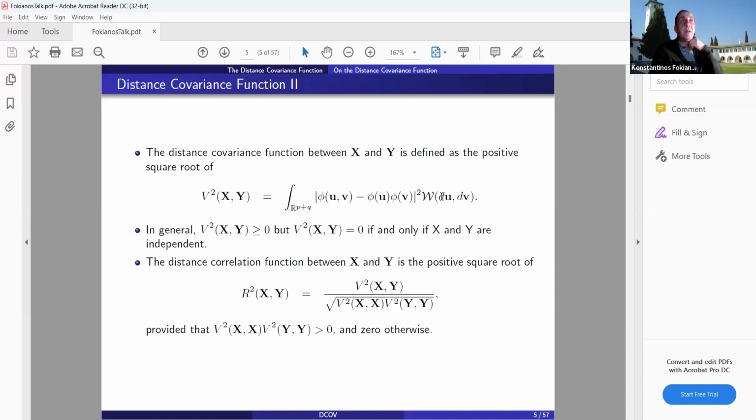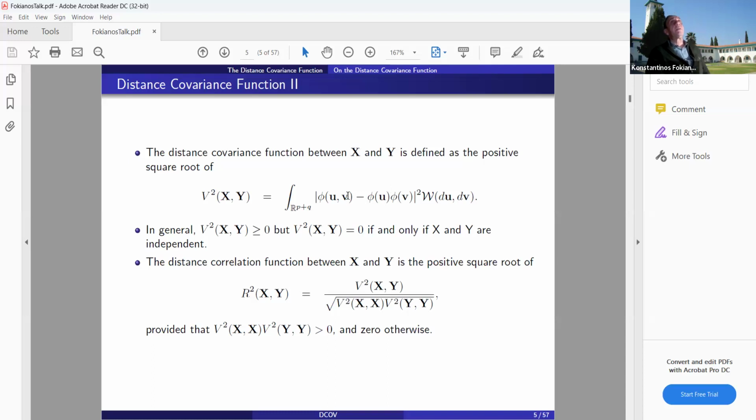For example, w can be the CDF of a p plus q dimensional normal. There's no problem with this. You can simulate this kind of integral, but we will see that a very particular case of w makes this integral have a closed form solution. And this is very convenient, as we all understand.